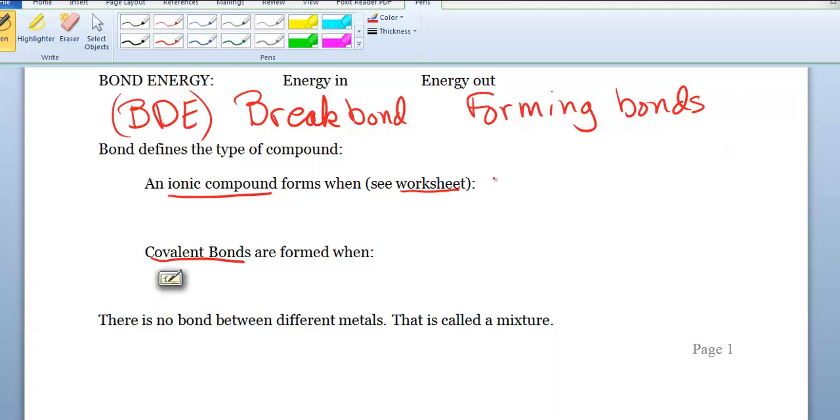Ionic bonds are formed between a metal and a nonmetal. As we learned in our previous chapter, metals love to give away electrons, and nonmetals want to gain electrons.